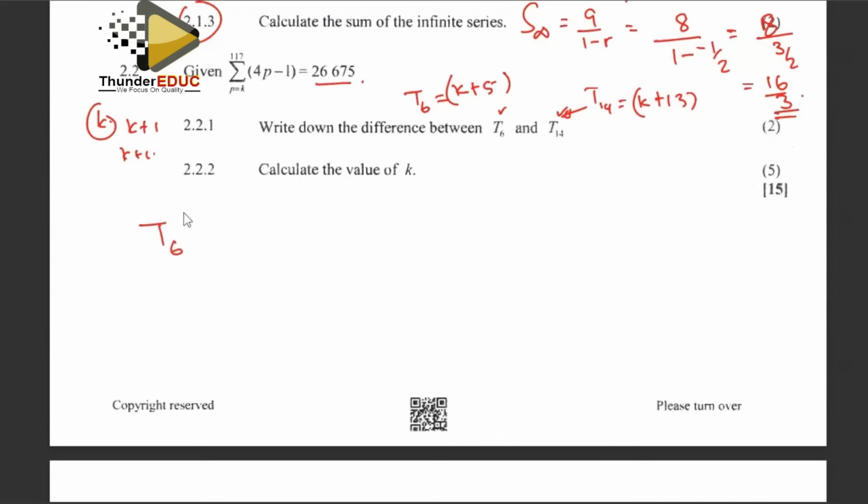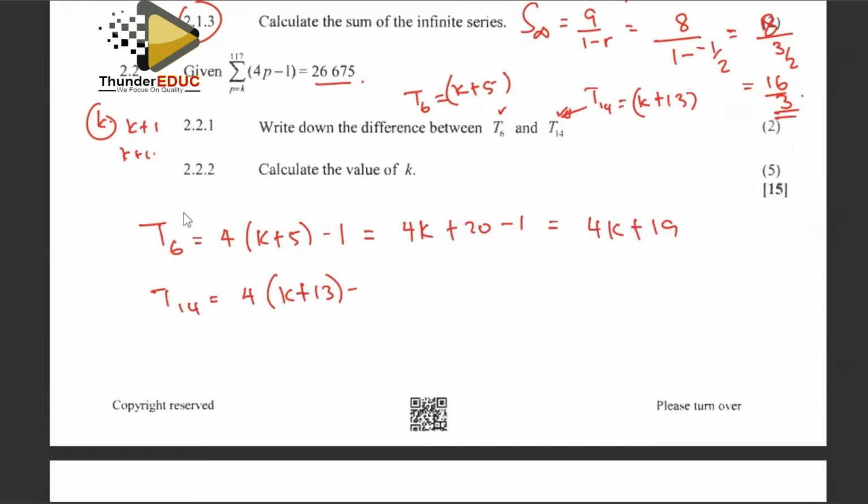T6 is going to be 4 into k plus 5 minus 1. What does this give us? It's 4k plus 20 minus 1, which becomes 4k plus 19. And then T14, we are saying 4 into k plus 13 minus 1. That's 4k plus 52 minus 1, which is 4k plus 51.